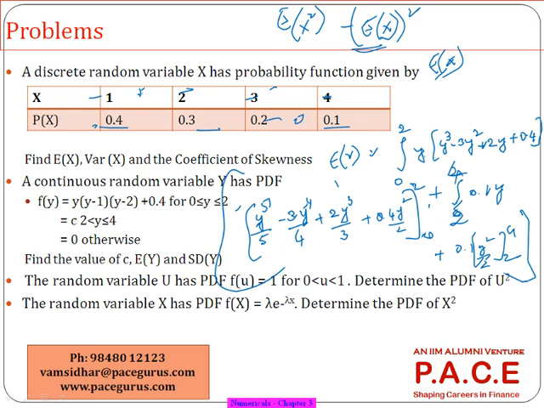Same way, instead of multiplying with y, you multiply with y squared and do the entire process. You get expectation of y squared minus expectation of y whole squared. That is what gives you the variance of y. Take the square root of that, and you will get the standard deviation of y.